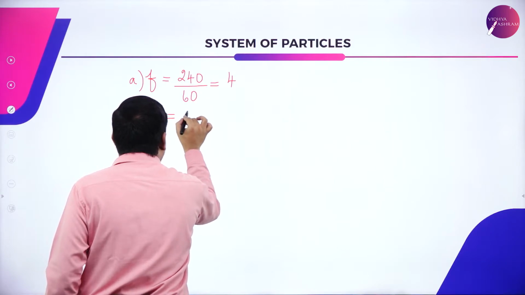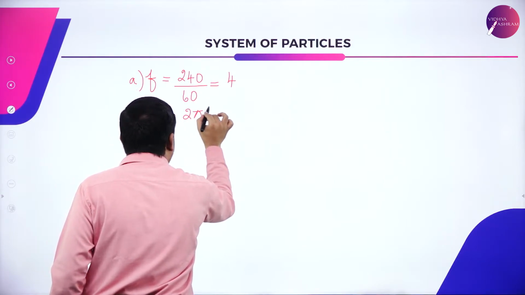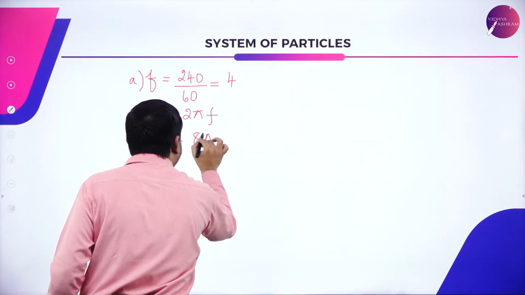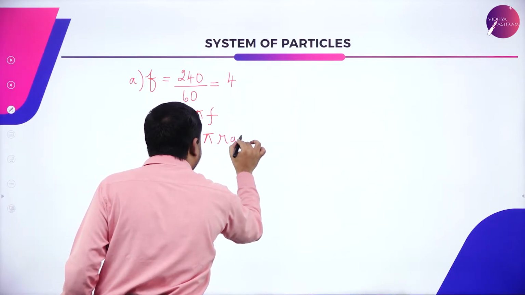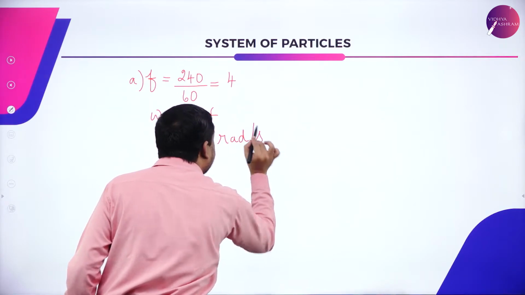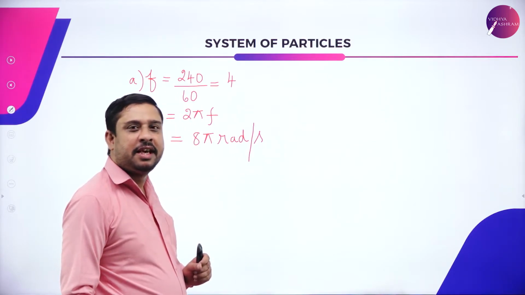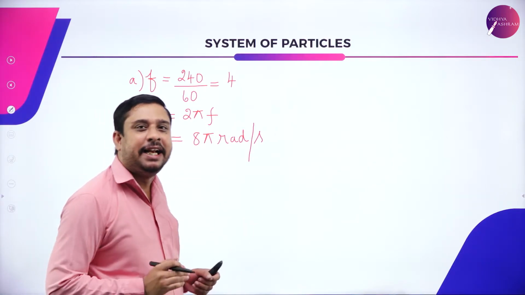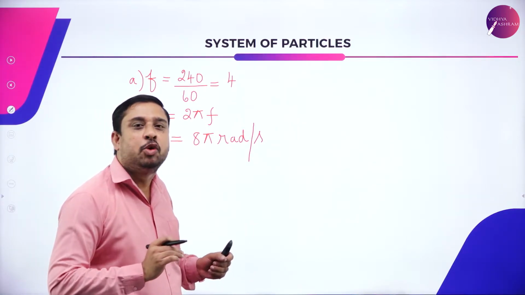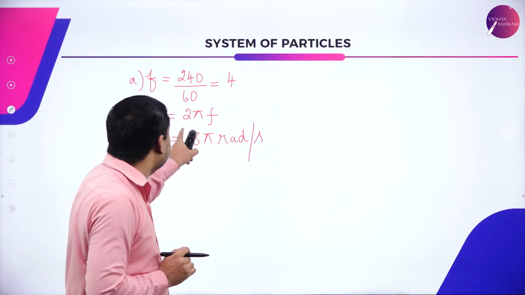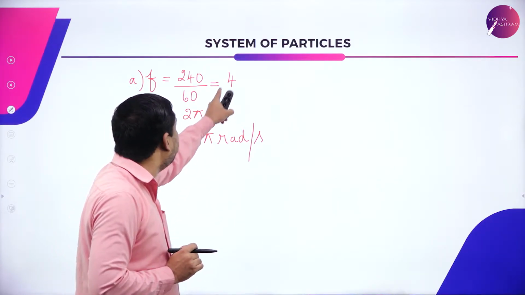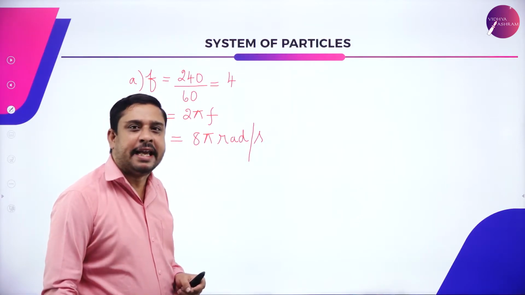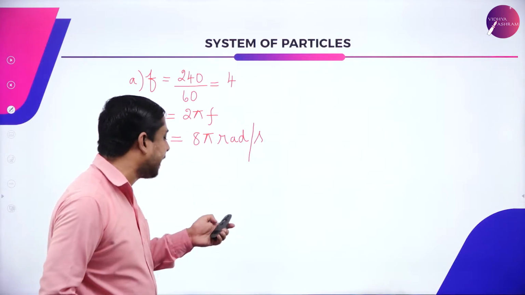So omega is 2 pi f. So this is 8 pi radian per second. See, very simple. So angular velocity is 2 pi f. f is 4, so 8 pi radians per second.